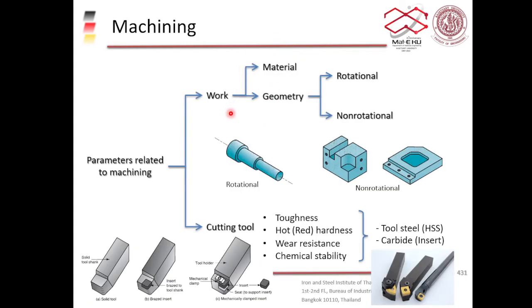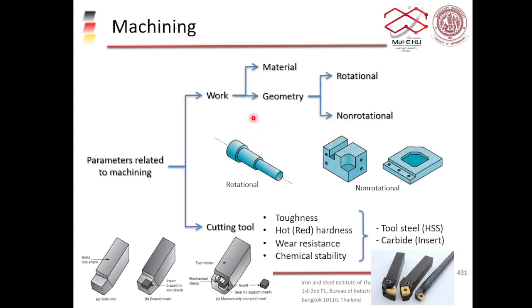Okay, so the parameters related to machining, right? We can separate it into two parts. This is sort of a recap. So the work part, you have the work part material and also the geometry of the work part. You can have rotational and non-rotational.